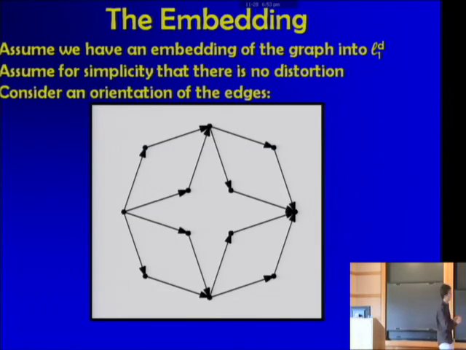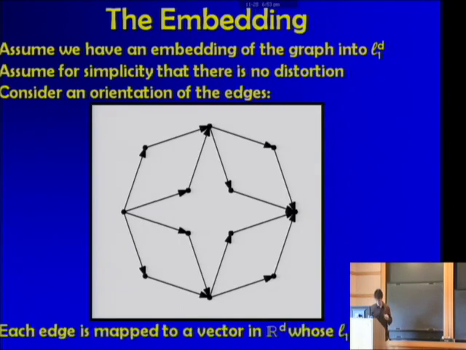I'd like to orient the edges of the graph from left to right, so I can meaningfully talk about the head and the tail of the edge. So all the edges are going from left to right. Remember, each point is mapped to a point in L1 to the D. This is an embedding.